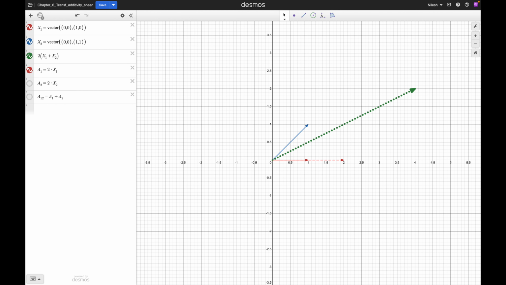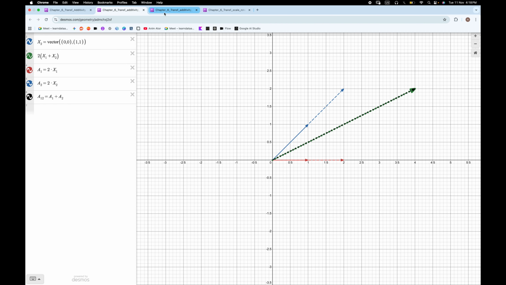So I scale the x1 as a1, scale the x2 as a2 by multiplying by 2, and then add these two scaled vectors to get the final vector. As you can see, that's the black dashed line. It overlaps with the green dotted line that we had earlier. So again, these rules hold.